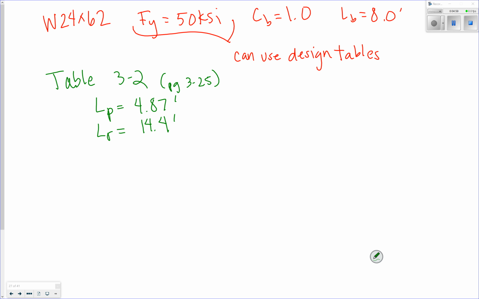My 8 feet is in between them. So I get to use that equation that I just used before. This means that I am in inelastic lateral torsional buckling.